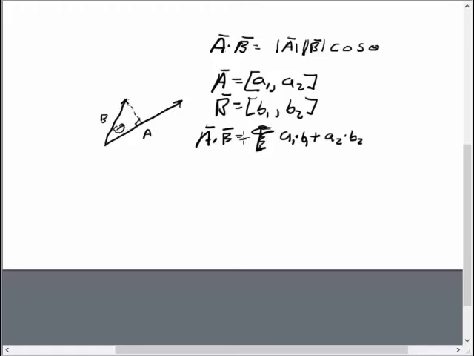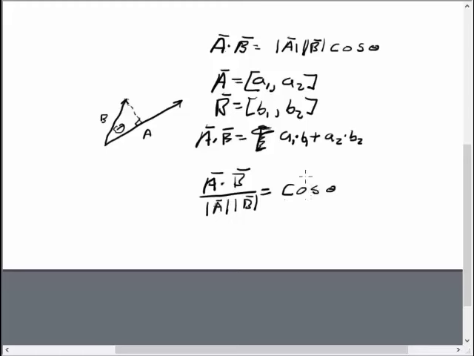For example, taking this and reorganizing, A dotted into B divided by the absolute value of A times the absolute value of B is going to be equal to the cosine of theta. And I can turn around and do the inverse cosine and come up with the angle theta here. This is really, really significant.